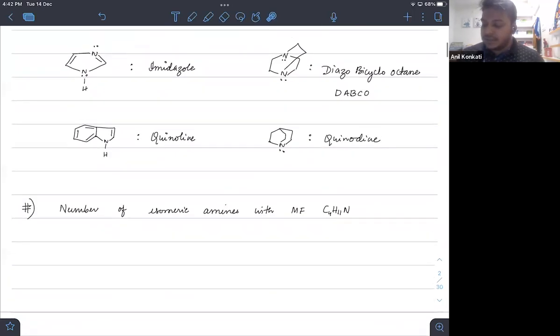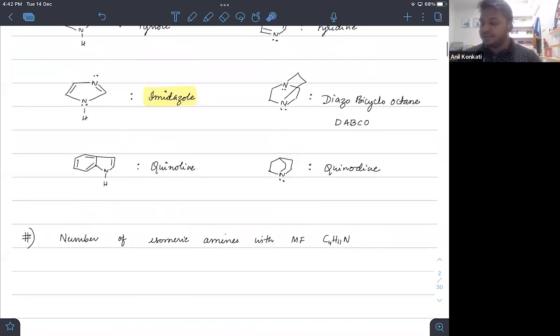Next, in the same form, if another place is also occupied by nitrogen, then that is imidazole. And this is also very, very important. When we learn biomolecules, we'll be using this a lot, so learn it, imidazole. And this is mainly found in spices, DABCO, which is a cyclic form of this, a 6-membered ring.